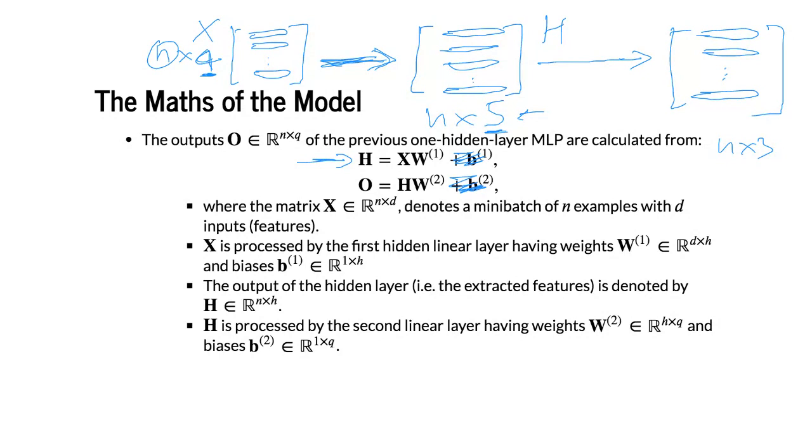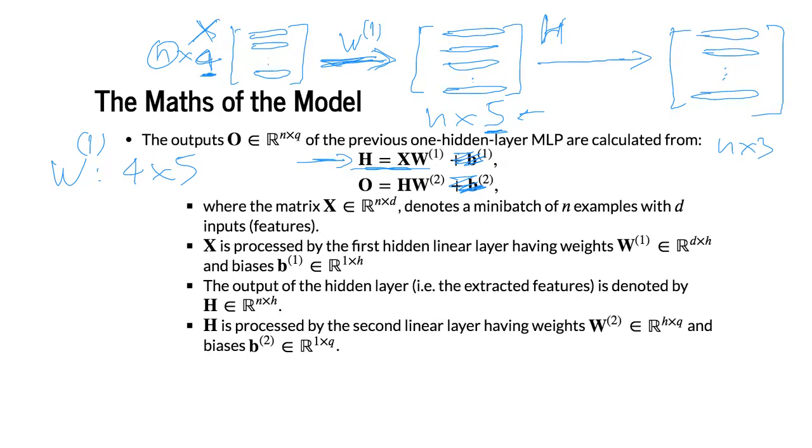So this transition from X to H is described by this equation. And as we said, in this case, what will be the dimensions of W? It will be 4 times 5. 4 is the input feature dimension, 5 is the output feature dimension. So this is the first matrix, W1.